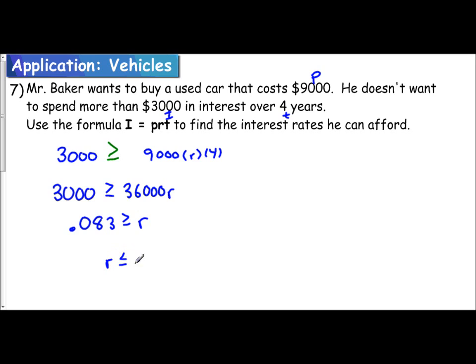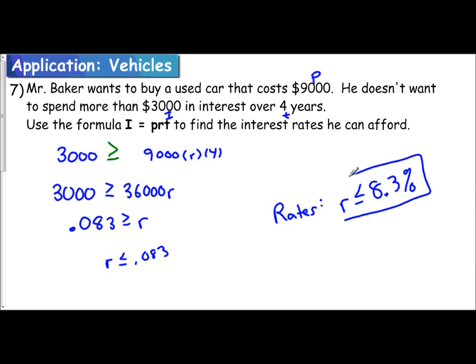R is less than or equal to 0.083, which means find the interest rates that he can afford. He can afford the rates where your R is less than or equal to 8.3%. Remember, rates in your final answer, you need to convert your decimal to a percent.